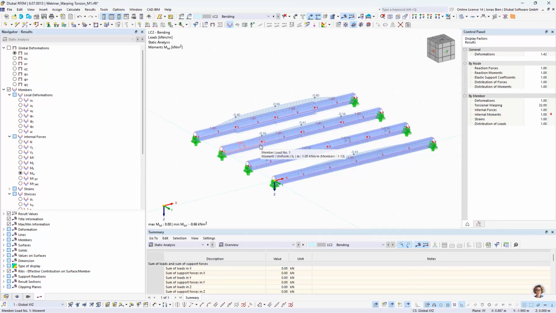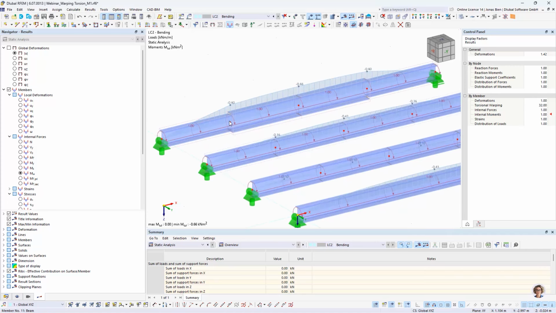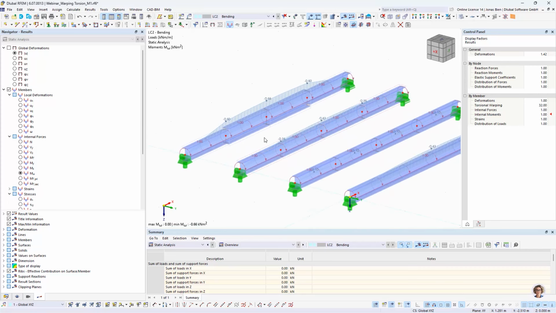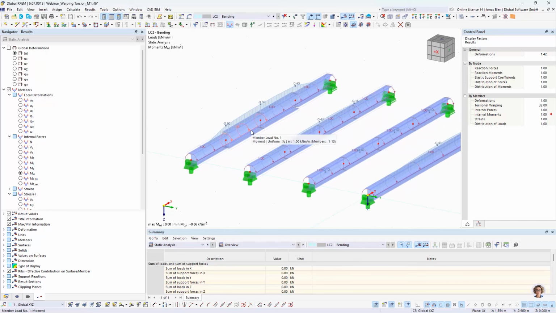Many times the actual way the warping degree of freedom is coupled depends on constructive details. For example, how does your detail in a member-to-beam connection look? This very much influences the coupling conditions for warping torsion, and we can also check this in this example.